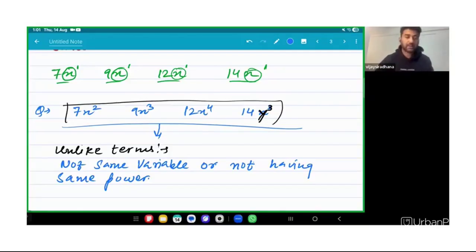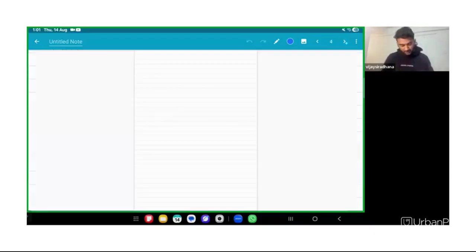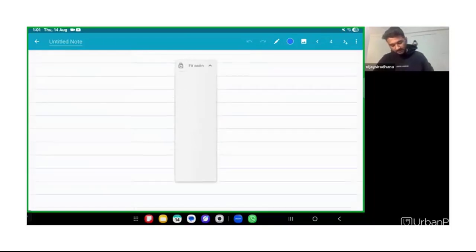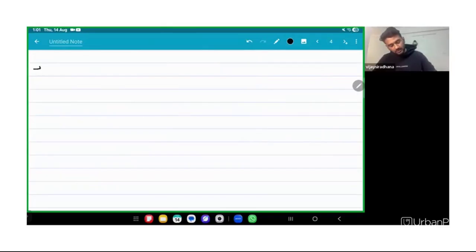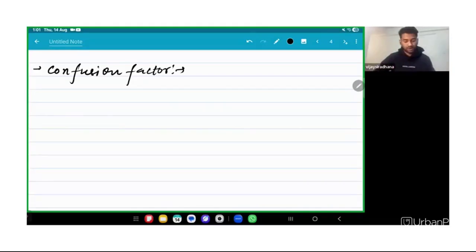So this is what the polynomial is all about. Now there is something, a confusing factor, which comes into play. The confusion factor inside the polynomials is, suppose, student, I am giving the question which is x to the power of -3.